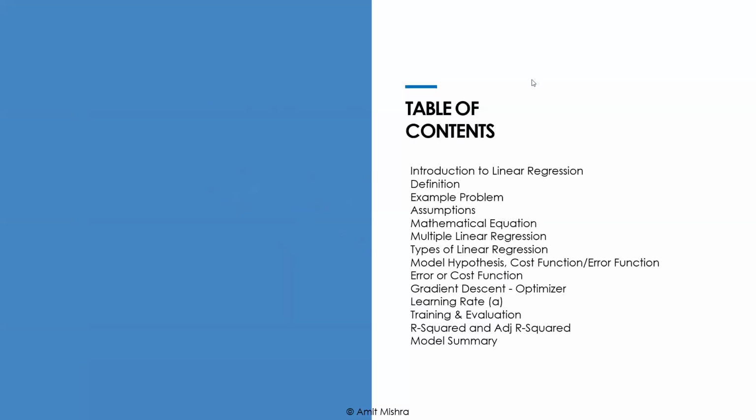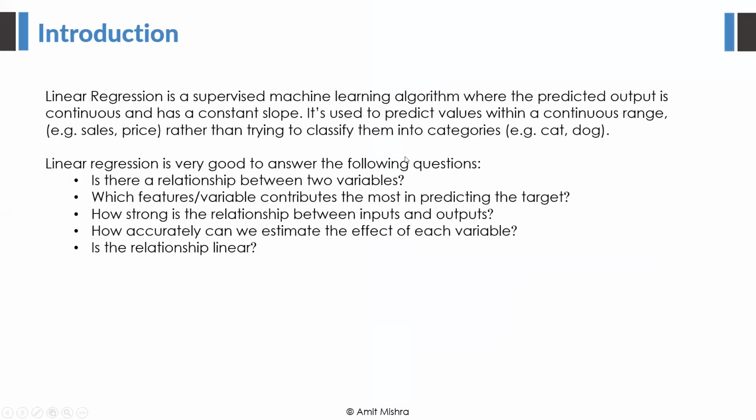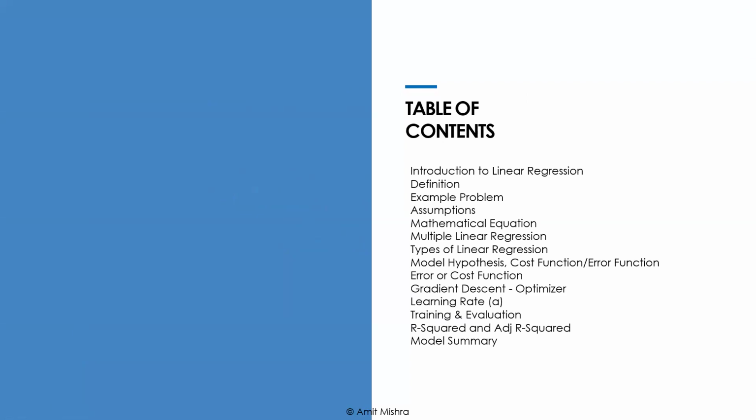First of all, we will learn the definition part. What is the meaning of a linear regression model? We'll discuss it, and we'll also look at an example problem statement. Followed by assumptions of linear regression, which is very important because you need to understand linear regression cannot be implemented everywhere.